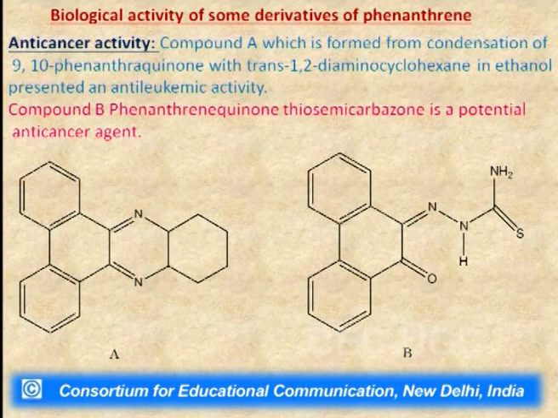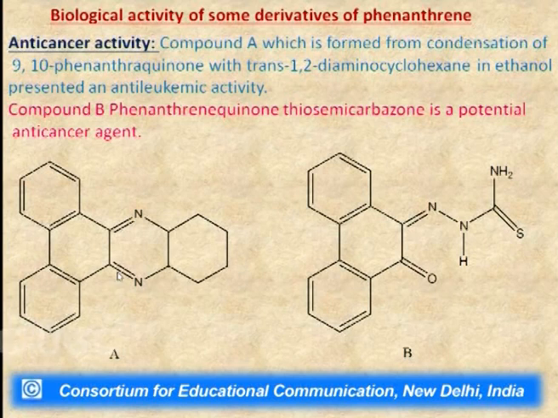Although it is a carcinogenic hydrocarbon, it still has many anti-cancer activities. Here you can see compound A, which is formed from the condensation of 9,10-phenanthroquinone. This is the 9,10-phenanthroquinone derivative part, and this other half is trans-1,2-diaminocyclohexane.